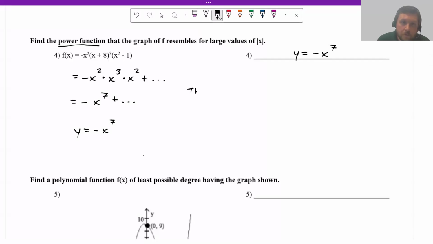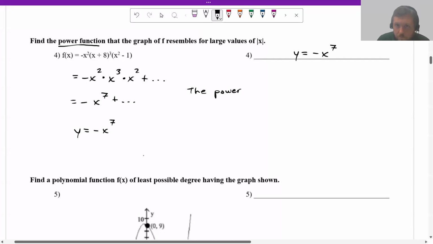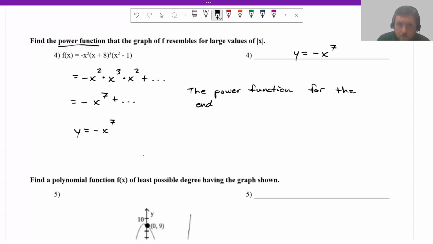So the power function for the end behavior is the leading term.